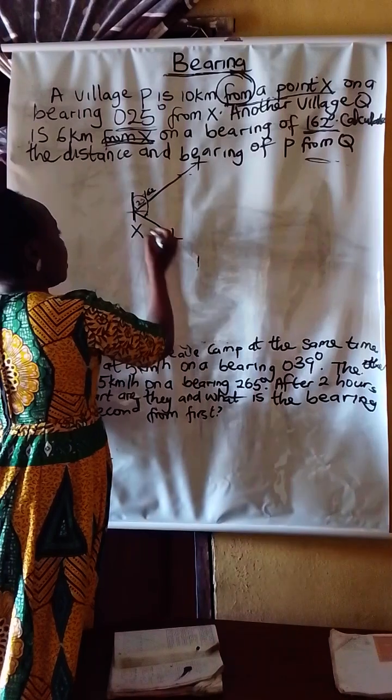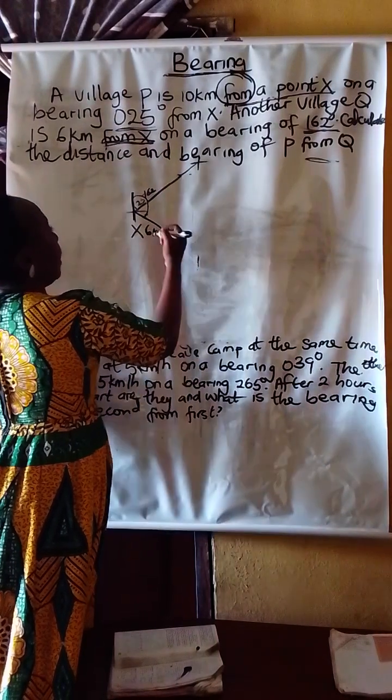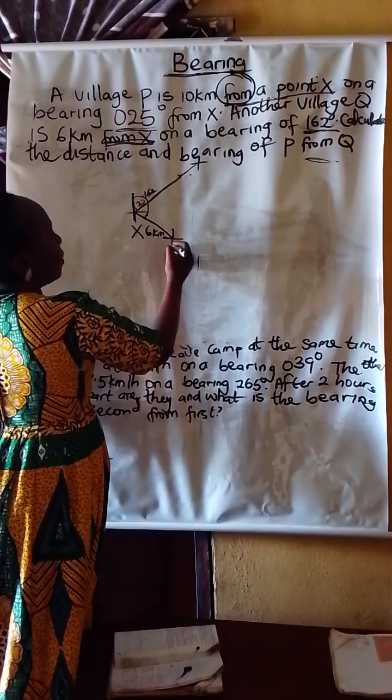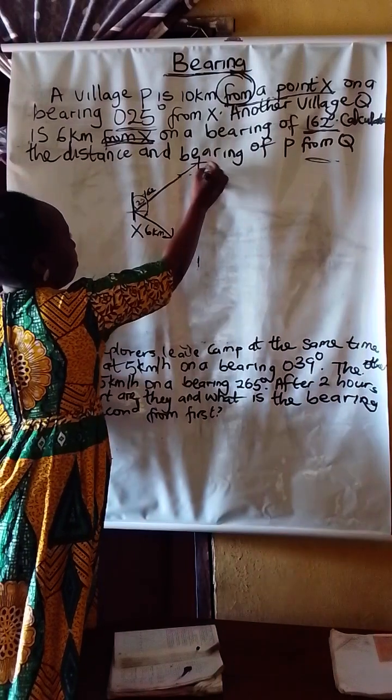So we have 6 kilometers, and this is Q. This is P.